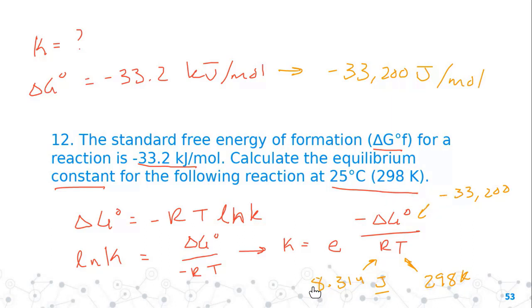What do you get? It should be 6.6 times 10 to the 5th power. A pretty big number, so this K value is large, which means we're going to be product favored.